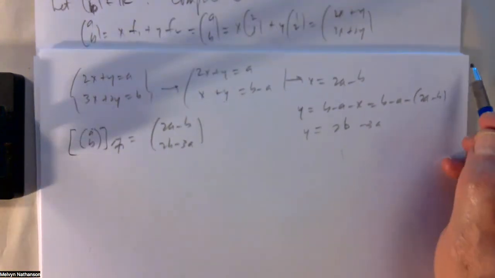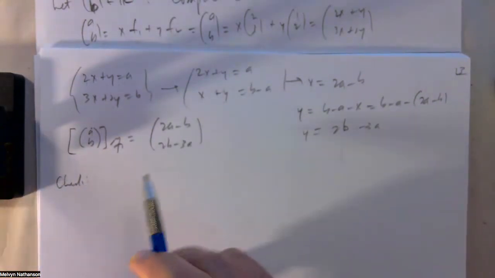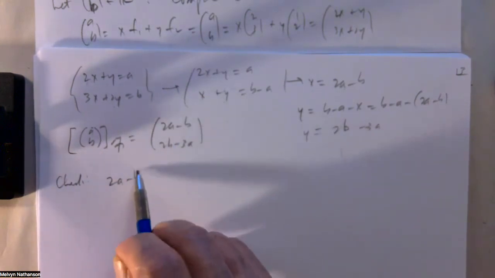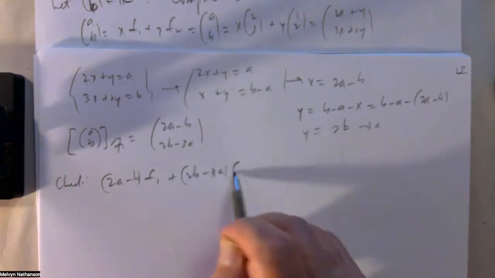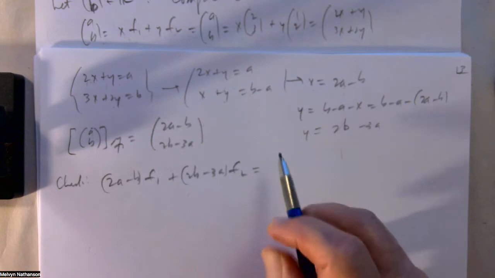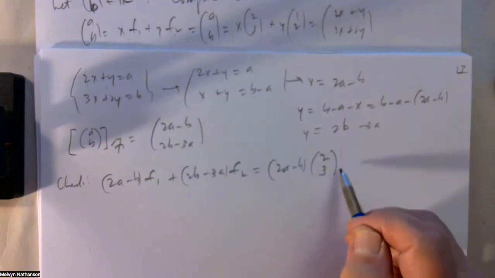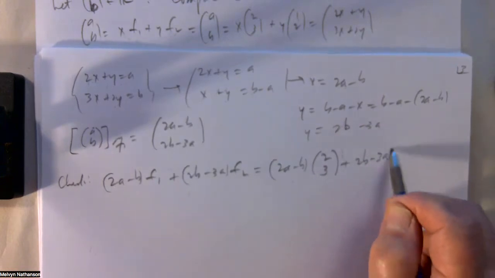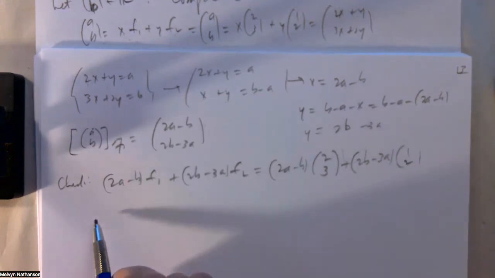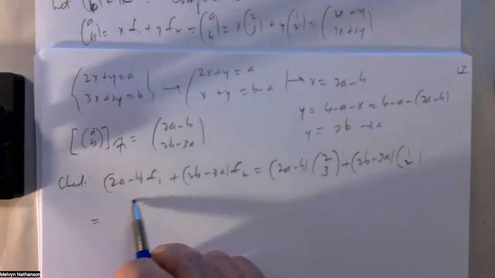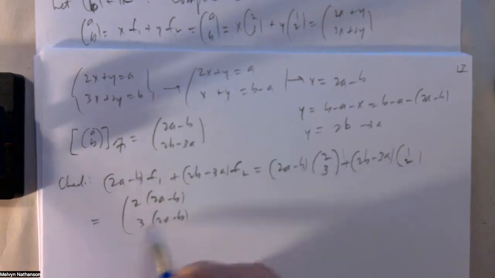So is this correct? Well, I always make mistakes, so I always check. So let's check. If I take 2a minus b times the vector F1 plus 2b minus 3a times the vector F2, let's see, what is that? That's 2a minus b times the vector (2, 3) plus 2b minus 3a times the vector F2, which is (1, 2). So this vector is 2 times (2a minus b), 3 times (2a minus b).